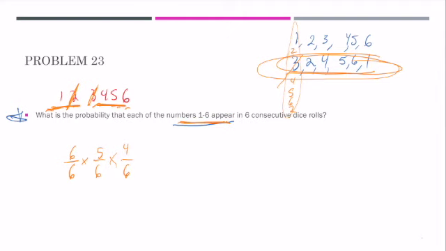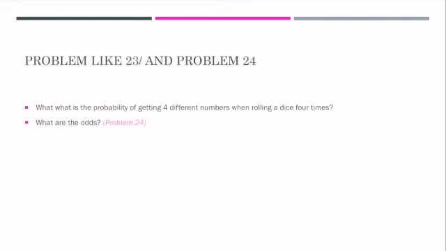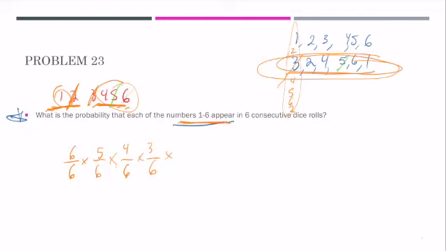So that would be 4 out of my 6-sided die. Next, I'm going to roll a 5. Okay, so that means I've got 3 choices left. Can you see the pattern here? After I roll my 6, I've got 2 choices left.